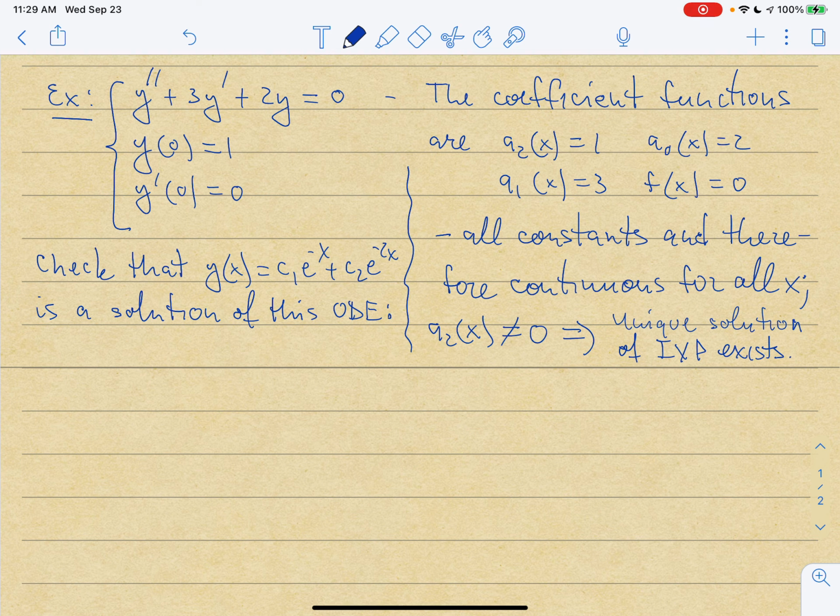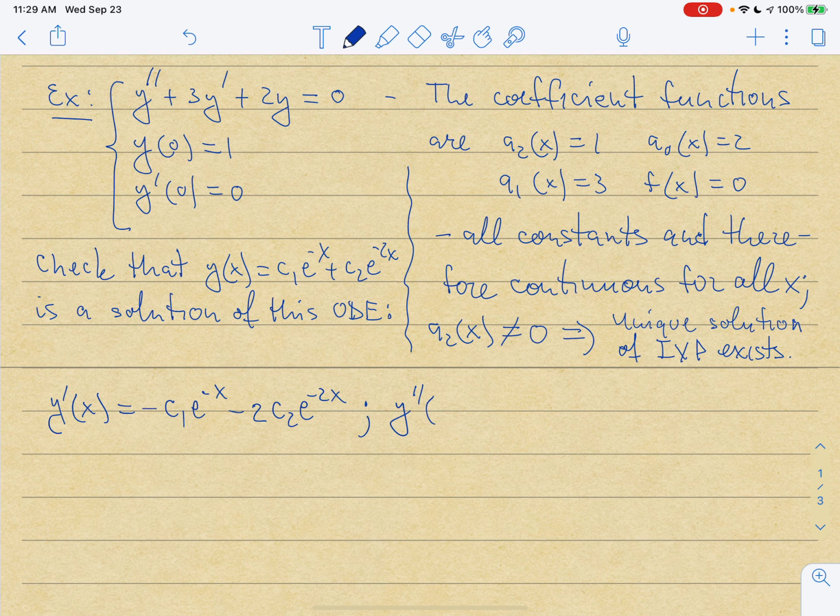So if y is like I have just written, then y prime of x is going to be minus c1 e to the minus x plus minus 2 c2 e to the minus 2x by the chain rule.